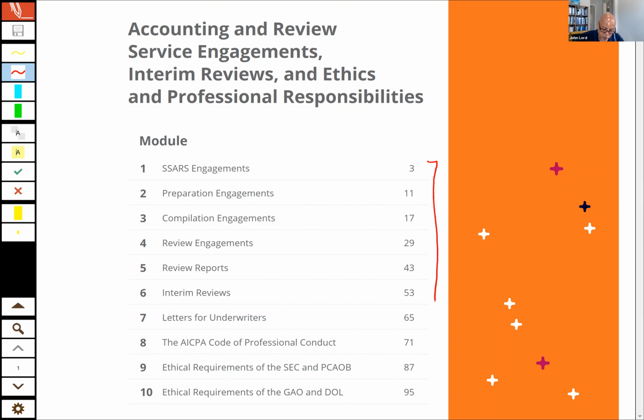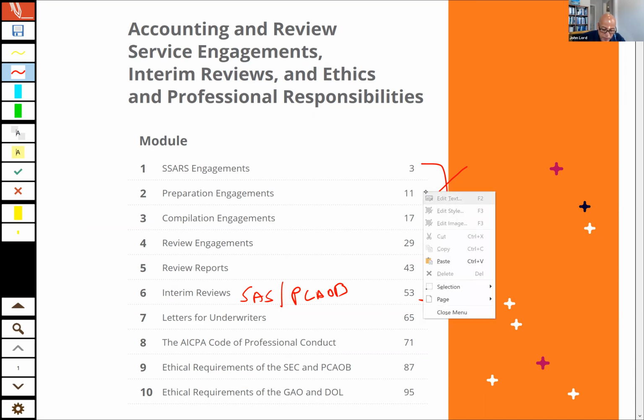You're going to see covered here these various types of things that are done, although reviews and interim reviews are actually done under the SASs for non-public companies and PCAOB standards for public companies. But these preparation engagements, the compilation engagements, and the review reports are done under the SARS.